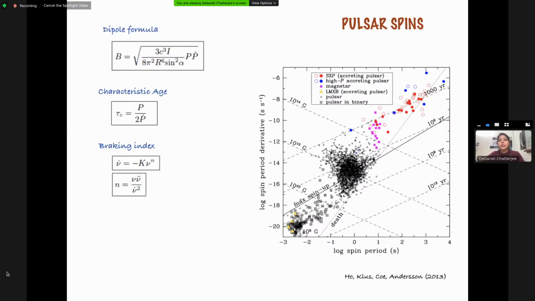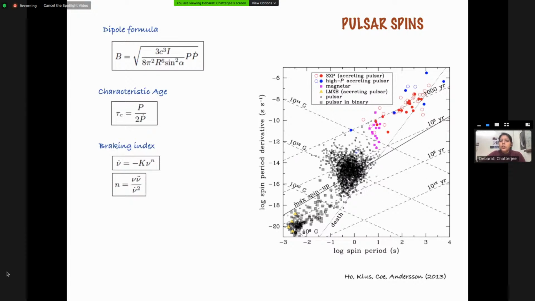There are different lines which show you the corresponding magnetic field and characteristic ages, and these are calculated using the magnetic dipole formula. This comes from a very easy back of the envelope calculation, which tells you that the spin down luminosity is caused by the dipole magnetic field. You can also calculate the characteristic age of these.